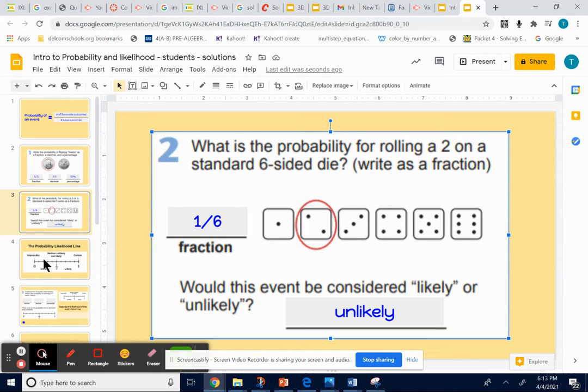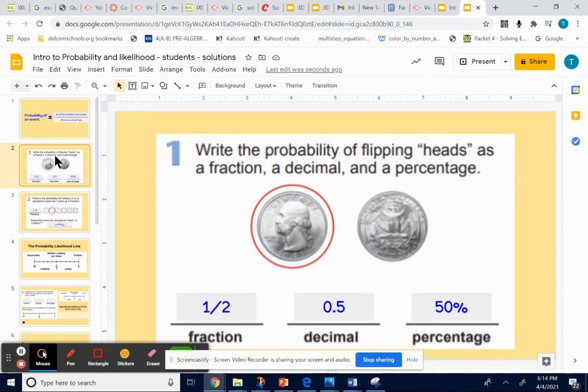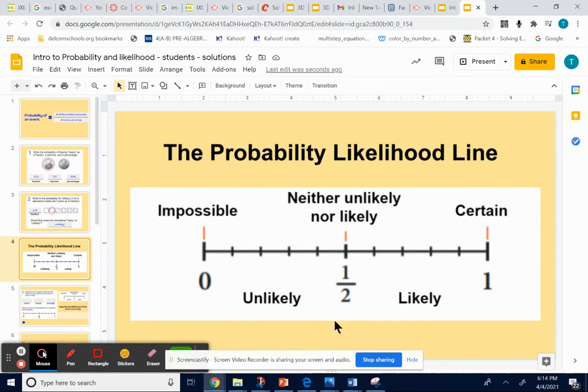Okay, slide 4, because I wanted you to think about being unlikely or likely, because we're going to be looking at the probability likelihood line. Back up for a minute. Remember that probability of 1/2 for flipping heads? That was a 50% probability, or a 1/2 probability. So that's like a 50-50 chance.